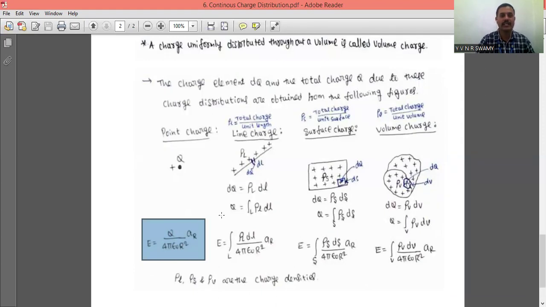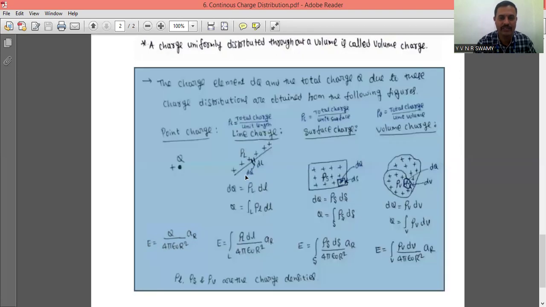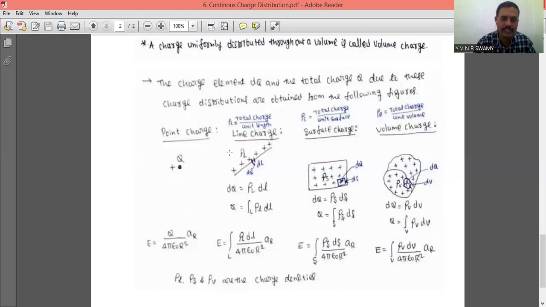Now we'll see the electric field intensity due to a line charge. Now you have to see the charges. The plus symbols represent charges. These charges are uniformly distributed along the line.